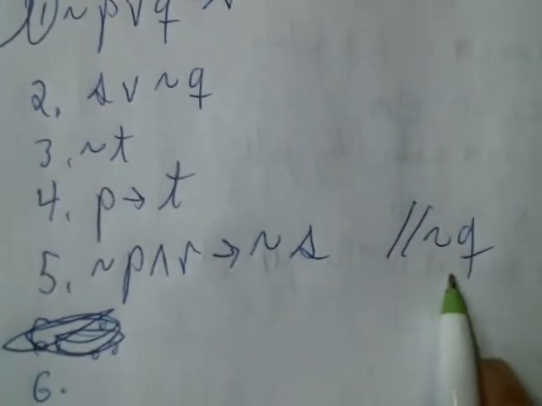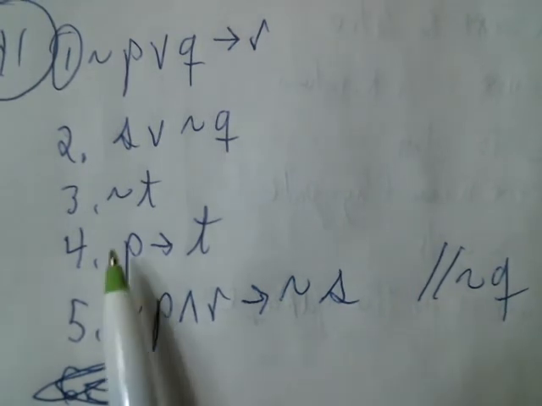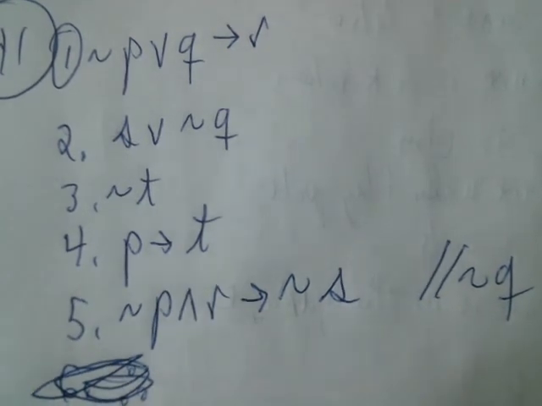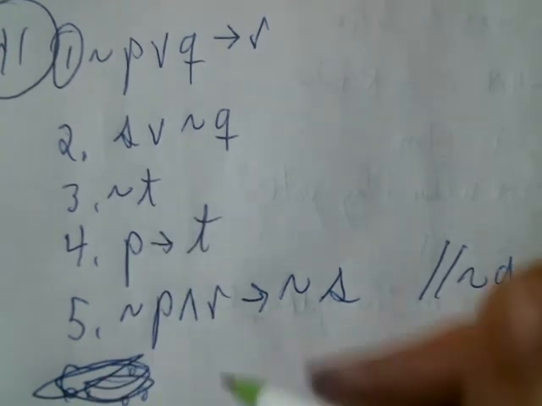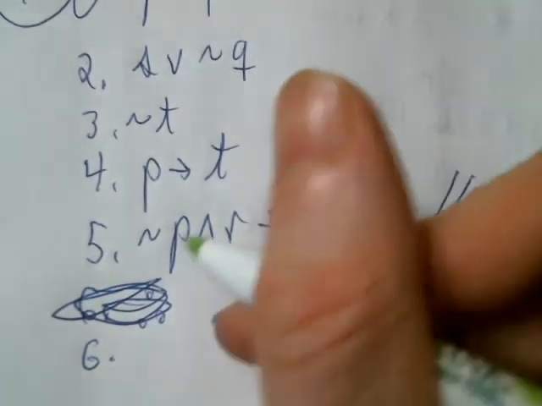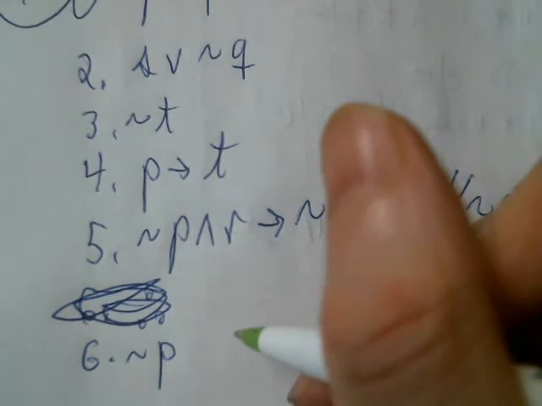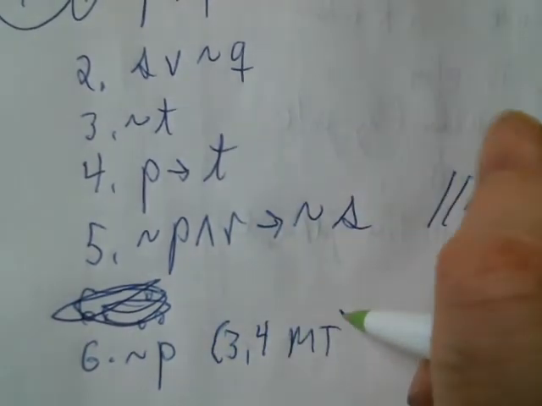So I need to get to not Q. And what can I do, right? Modus ponens and modus tollens are usually the lowest hanging fruits. So here's a modus tollens. I conclude in step 6 that not P is true, and that's from 3 and 4 and modus tollens.